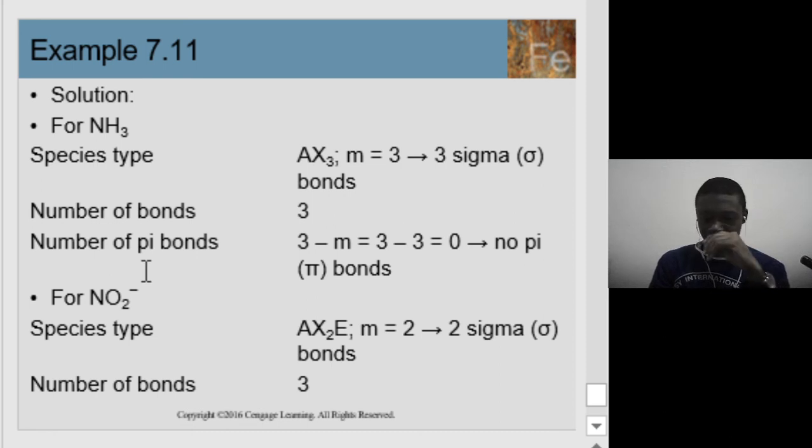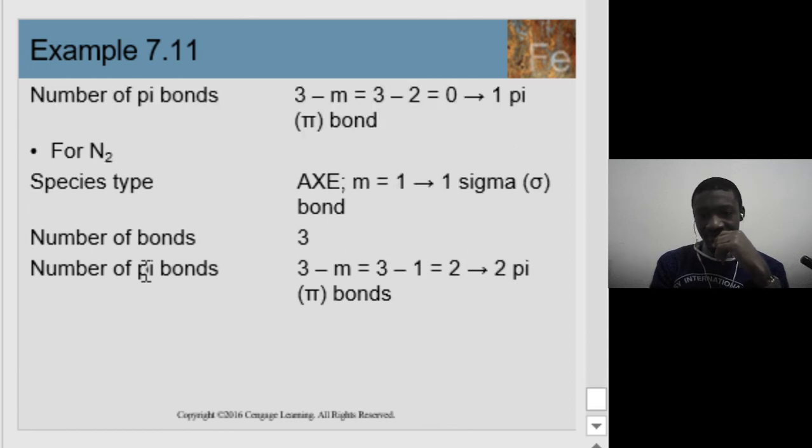Then you have NO2 minus, and NO2 minus will mean that you have 2 sigma bonds normally, and then do you have a pi bond? Yes, you have 1 pi bond. And then the N2 will mean that you have 1 sigma and 2 pi's, and that's how it goes. So you have 1 sigma, and then because of the 3 minus 1, you have 2 pi.